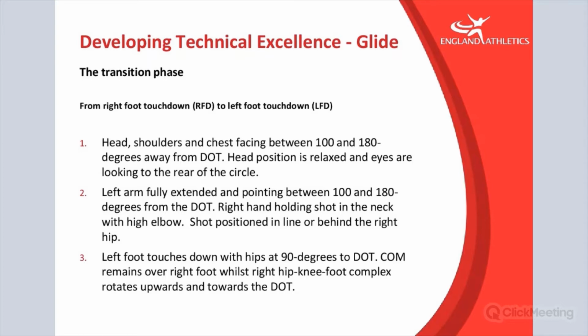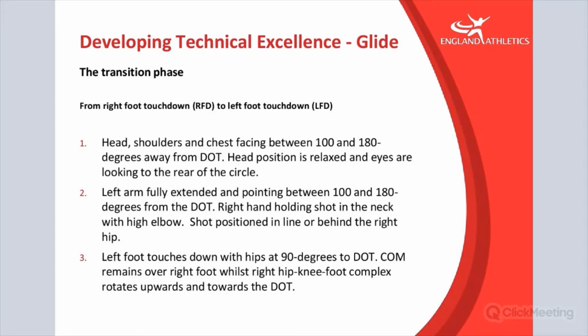The shot is still relatively far behind the right hip, but the body itself is a little bit more open. Left arm fully extended and pointed between 100 and 180 degrees from the direction of throw. If you have an athlete trading less on speed and more on brute strength and power, you may want to look at more separation in order to allow them to use that torque they're building in their body more effectively.